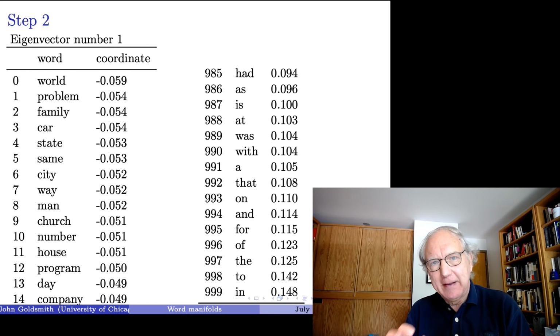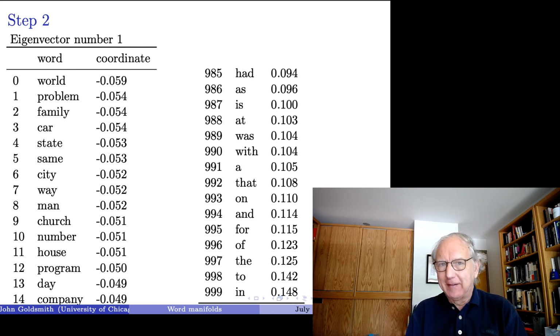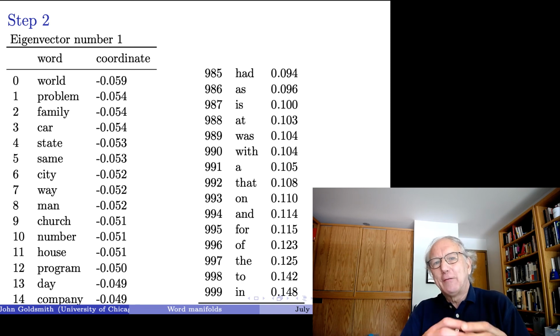Here now there's some counterintuitive stuff. I've mentioned this already. I'm going to say it again. It is still going to sound kind of crazy. This eigenvector is a vector which has 1,000 coordinates. It's a vector, after all. It has coordinates, and each coordinate corresponds to a particular word. That's the 1,000 different dimensions of this world.